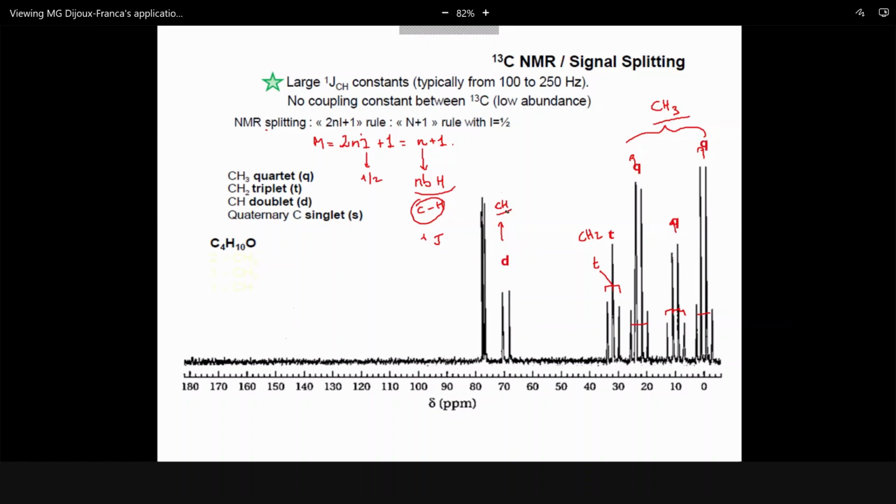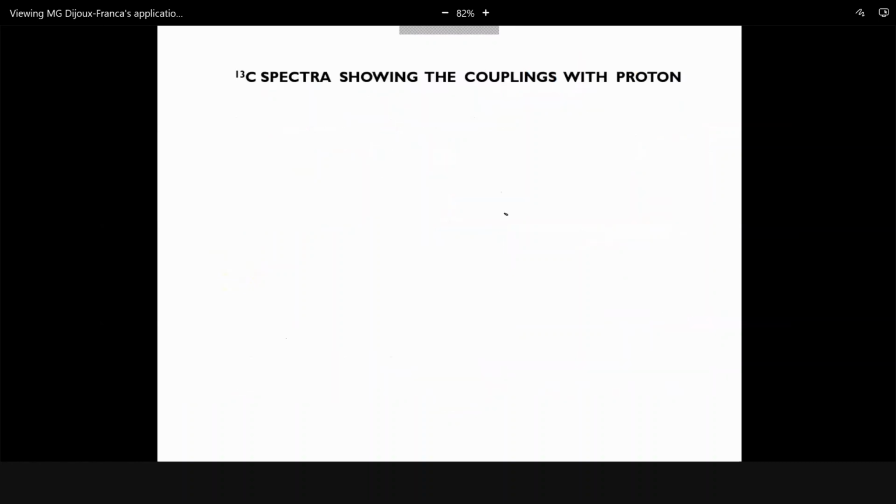Okay, let's go further. So we need to do something to make the spectrum simpler if you have a great number of carbons.